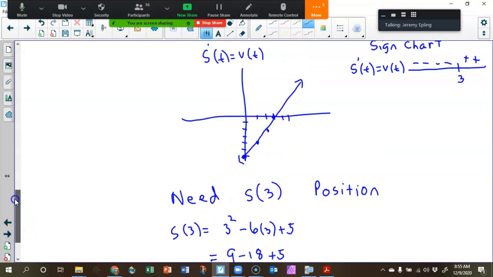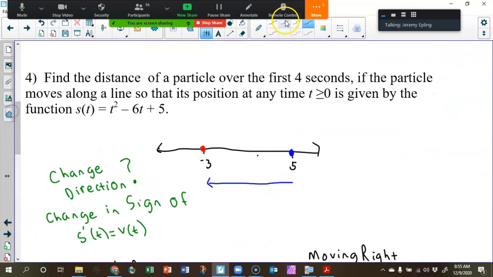So now I can better draw my picture. I actually moved to the left those first 3 seconds all the way out to negative 4. And then I turned around and changed directions and I stopped out here at negative 3 on my number line.